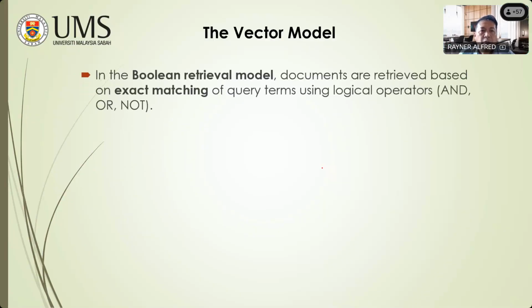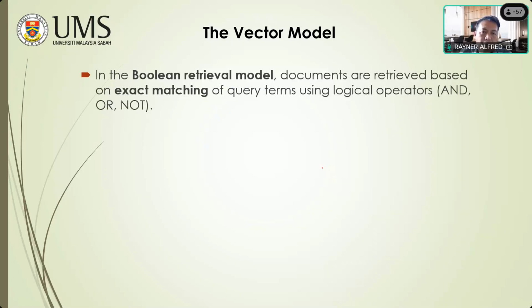Okay. If we recall the Boolean retrieval model, documents are retrieved based on exact matching only. We cannot do partial matching. This is similar to structured data, in which you perform an SQL statement: select this column from what table, and then what is the condition. So that is exact matching.